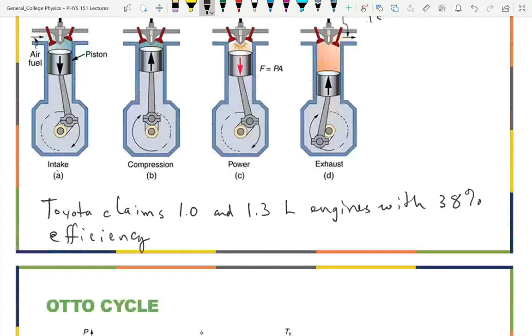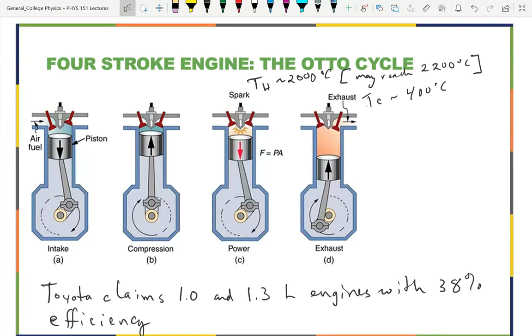And then what comes next? There are 2 things that happen real quick. You have the spark. What's going to happen when you have the spark? Okay, you ignite the gas, you have the temperature suddenly shoots up, right?